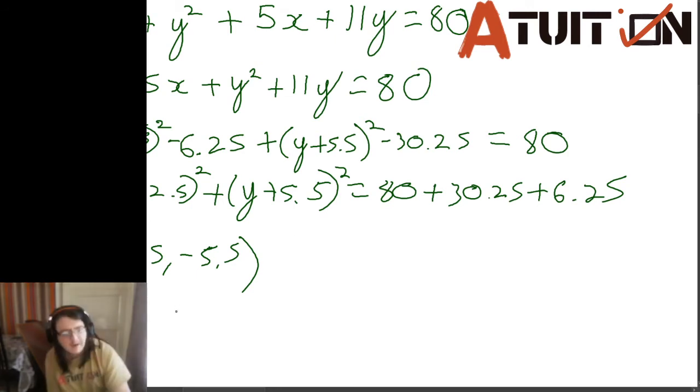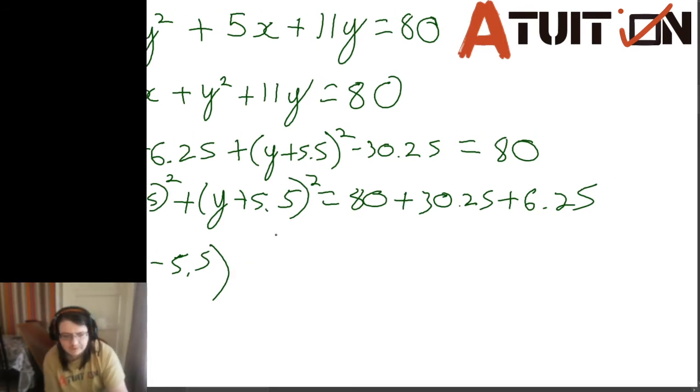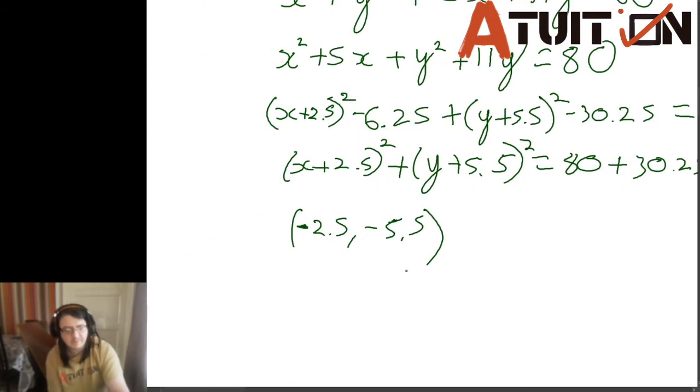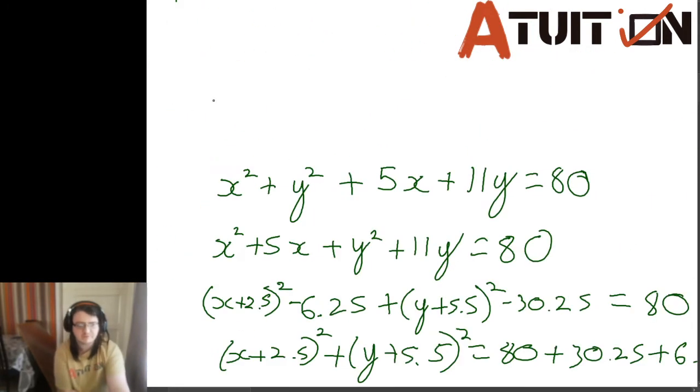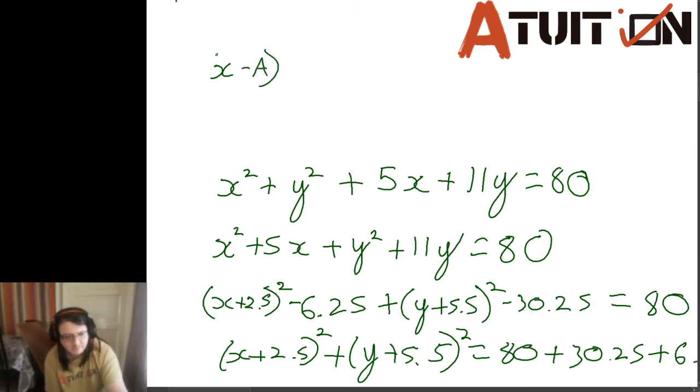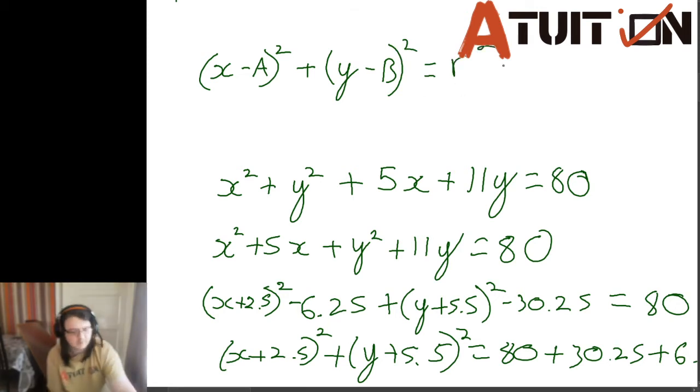Wonderful. If we want the radius, this number that it equals is r squared. Remember, the standard equation of a circle is x minus a squared plus y minus b squared is equal to r squared.